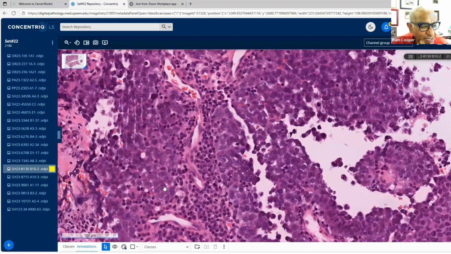INI1 deficient sinonasal carcinoma. Yes, these have been well described. That's SMARCB1. Remember, those are the chromatin remodeling proteins, and loss of or mutations of these genes or deletions of these genes results in loss of these proteins.